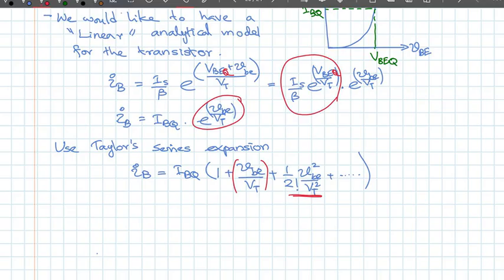So in order for you to make this a linear relationship, what should you do? If it is linear, all these parts from here up to this have to be 0, right? So you will end up with just these two components, which is the linear part. So under what conditions will this be linear?